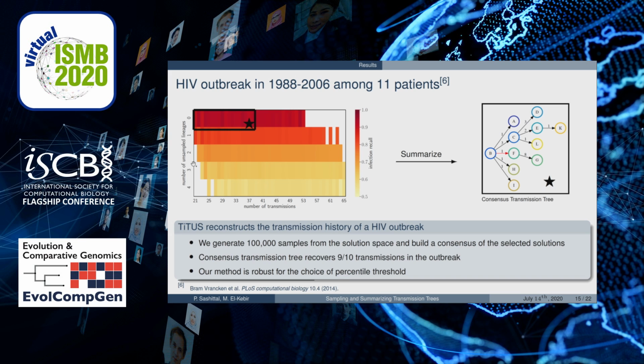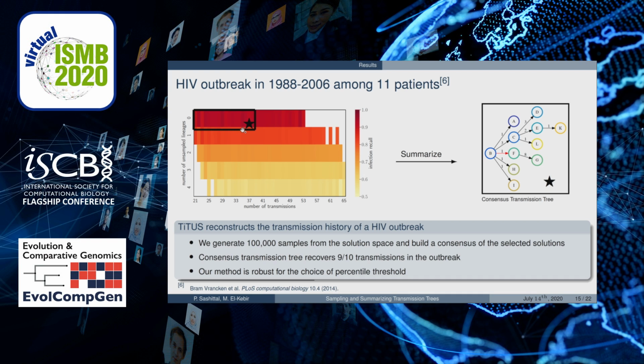On the left plot here, I'm showing a heat map of the infection recall for the 100,000 samples. On the y-axis, we have the number of unsampled lineages. On the x-axis, we have the number of transmissions or number of transmitted strains. And as expected, they are both negatively correlated with the infection recall.